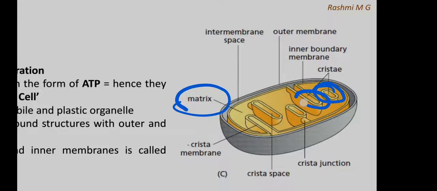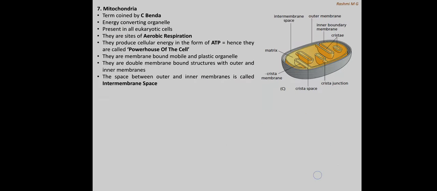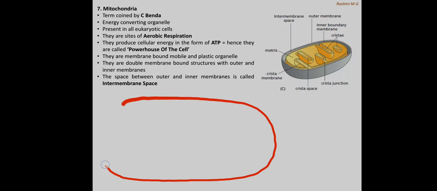So what are these cristae? They are internal invaginations or convoluted folds of the membrane which increase the membrane's surface. To write it in a systematic way, first the mitochondria has the outer membrane, and there is the inner membrane also. The outer membrane is somewhat uniform in nature.